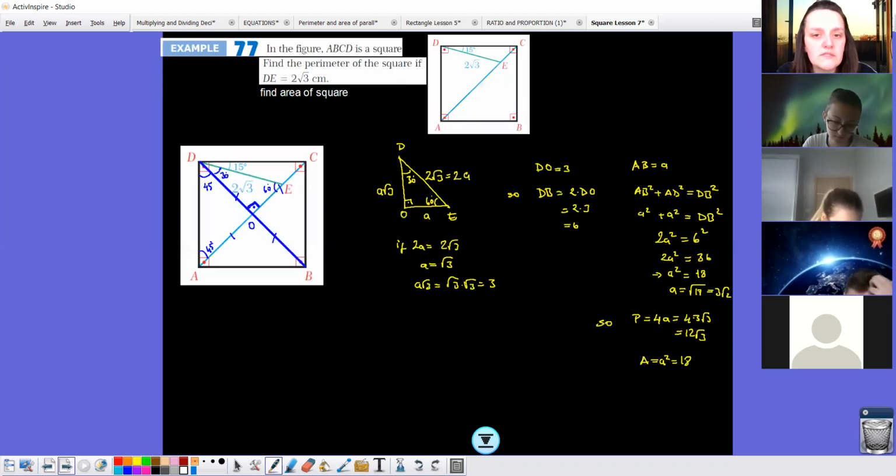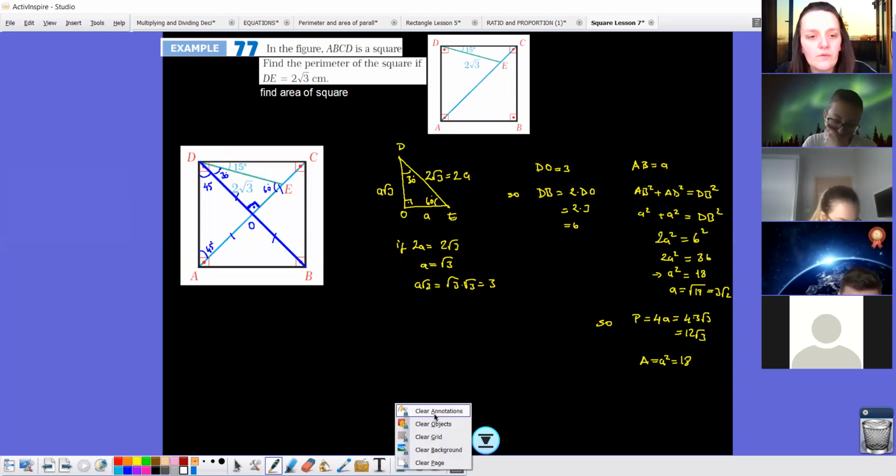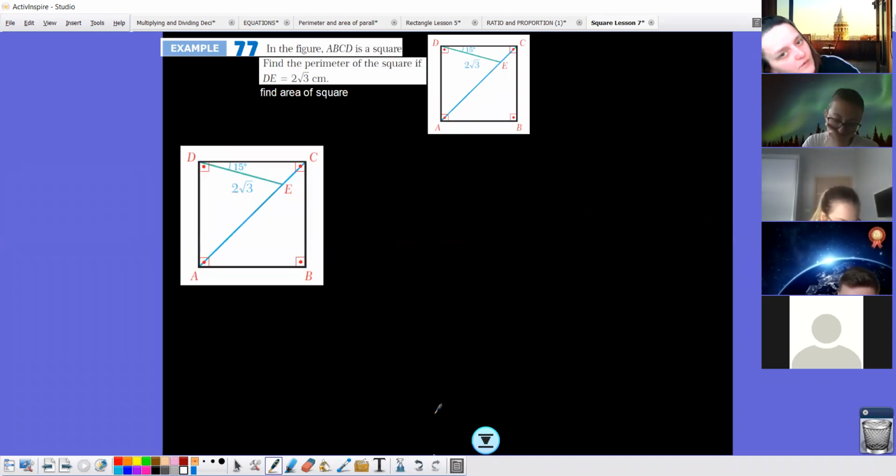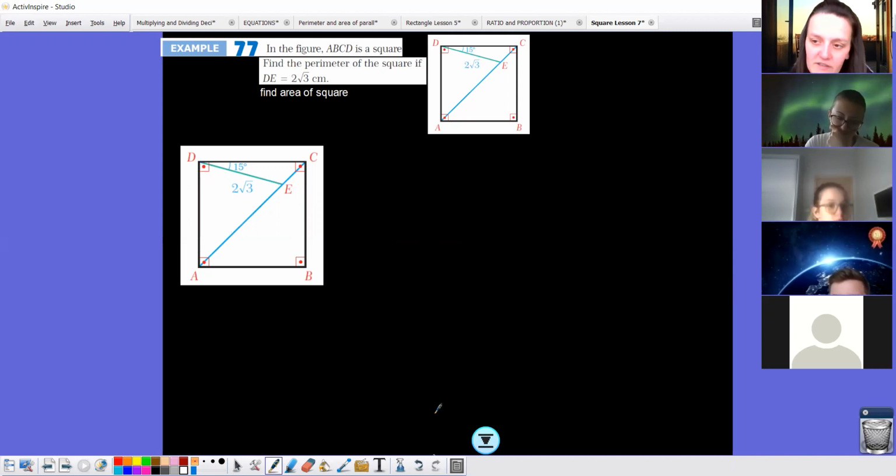Now, let's see the other question. Here we have Salman's favorite triangle, 30, 60, 90. Yes, we'll find that triangle. Now, check the question a bit.